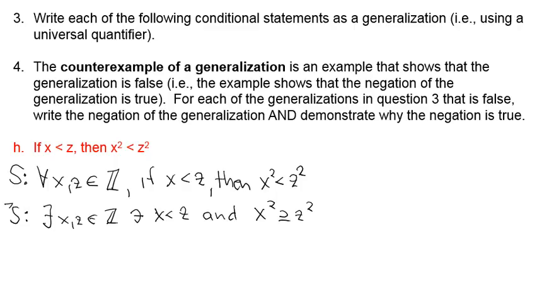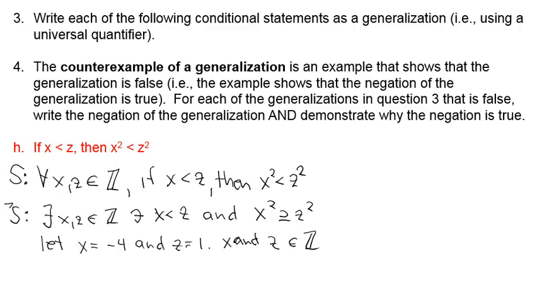In this case, let's say x equals -4 and z equals 1. First of all, this is the explanation I'm going to be looking for. I want you to show me that this negation is true. So we know that x and z are integers, so they're elements of the integers.